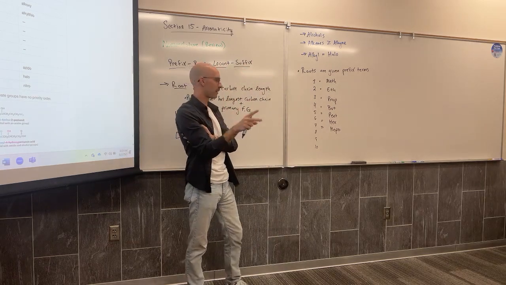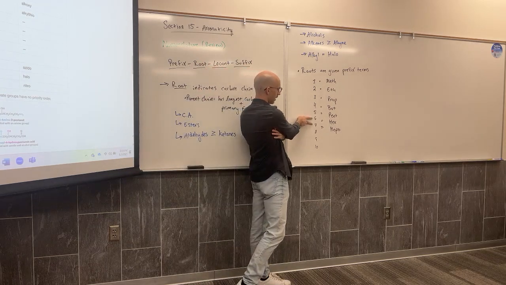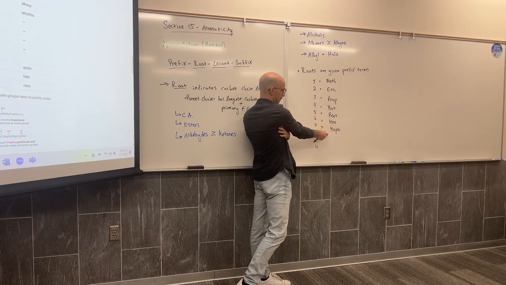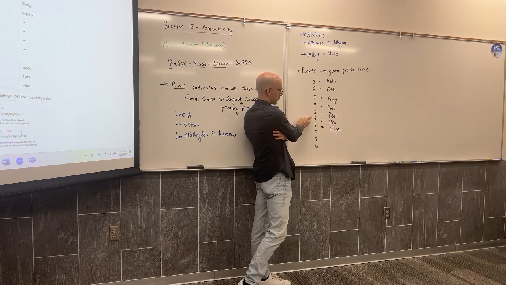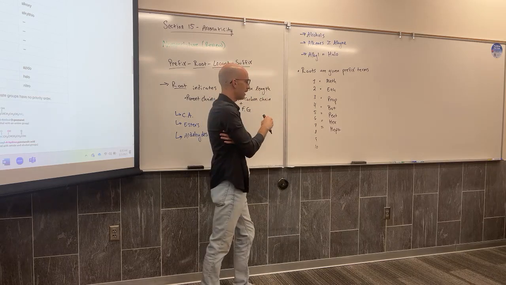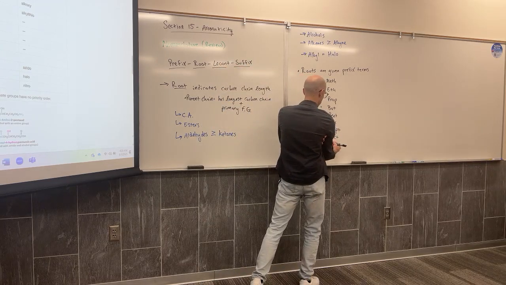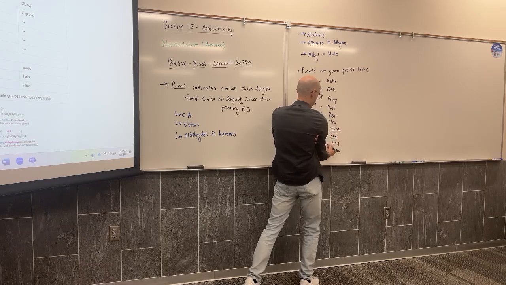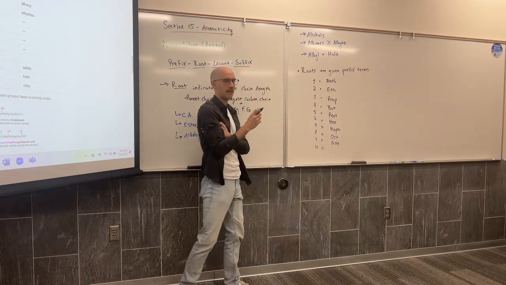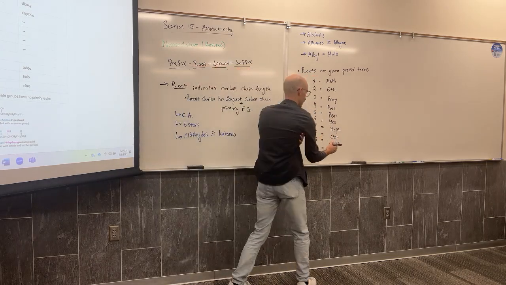So there's that difference. The other prefix nomenclature is sext and sept, but in Greek we're doing hex and hept. 8, oct, 9, nonane or non, 10, dec.